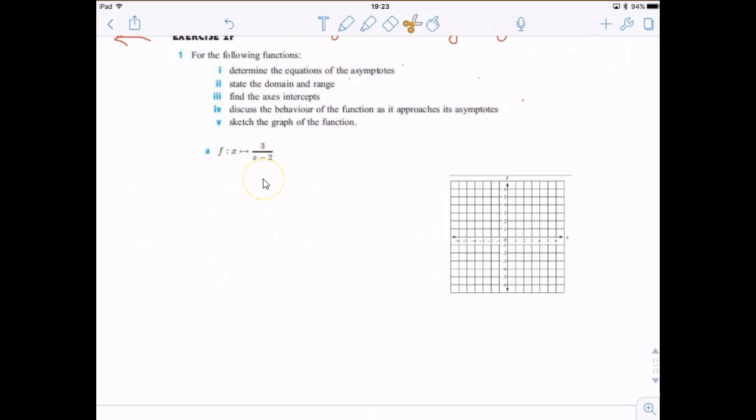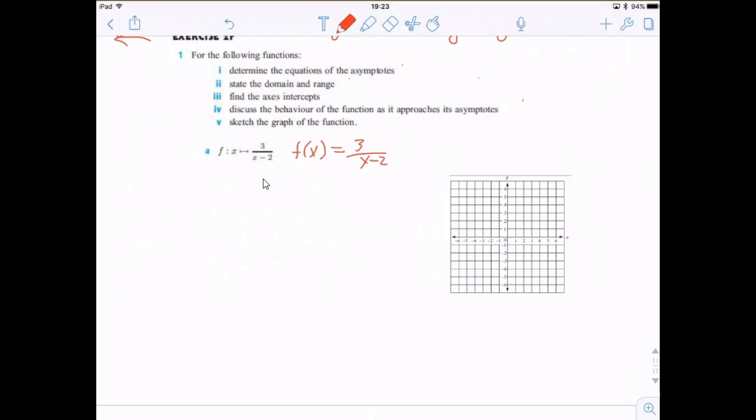We're going to start with this function here, which is 3 over x minus 2. Basically, this notation here means f of x equals 3 over x minus 2, right? Let me draw that horizontally here. Okay. First it says determine, they're going to ask us for a bunch of things which are going to help us graph this function.